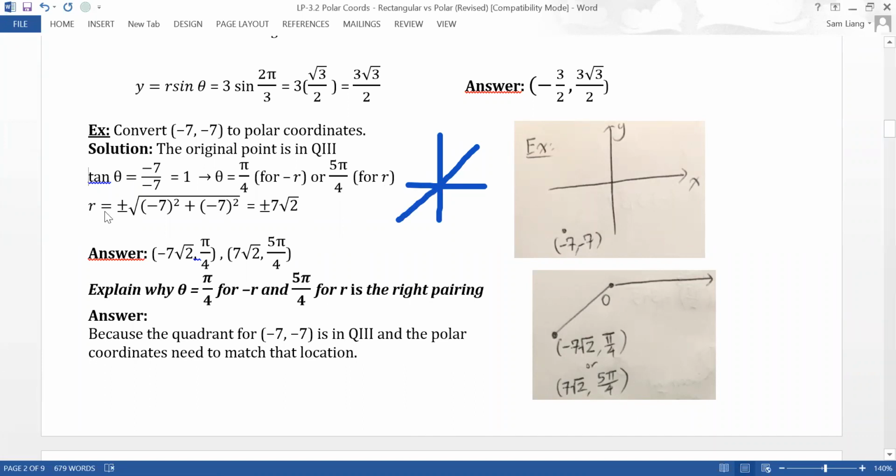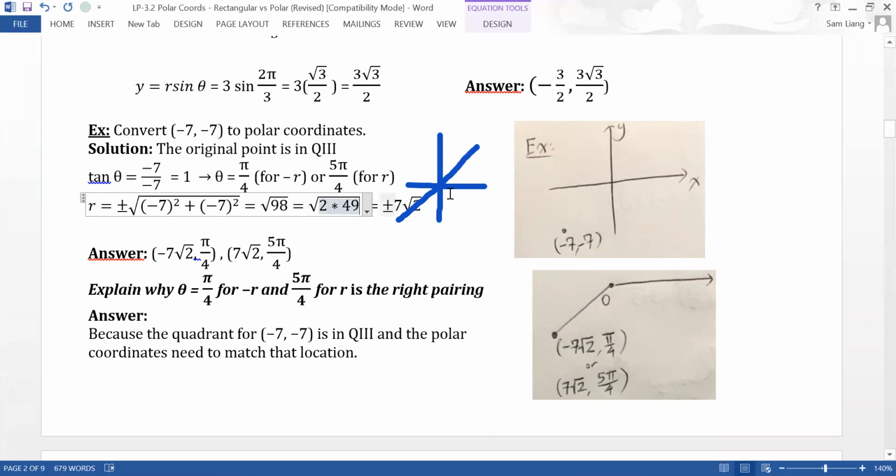Next, we have to find the r value. So we do plus or minus square root of x squared plus y squared. So plus or minus square root of 49 plus 49, that'll be plus or minus square root of 98. And actually, let me make it even more clear what my math is. So that's square root of 98. And then this is equal to, yeah, I guess you could even see this from the beginning, like 2 times 49.